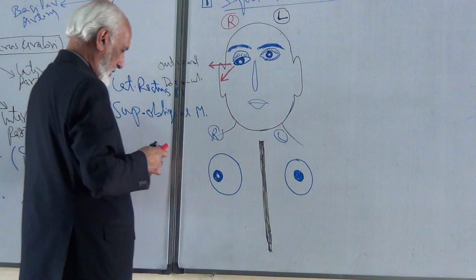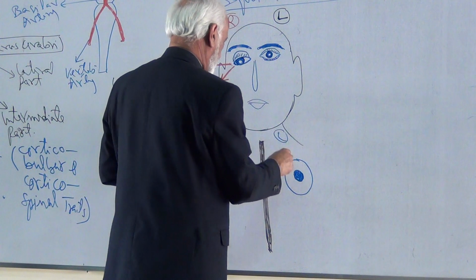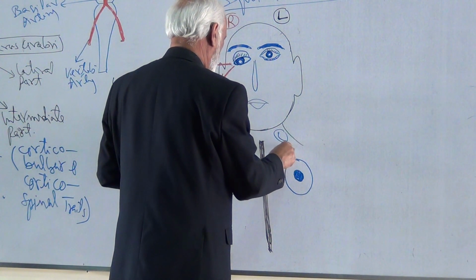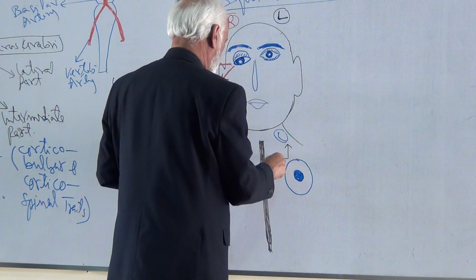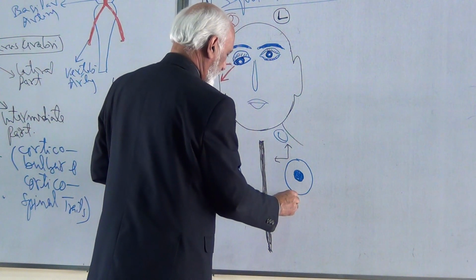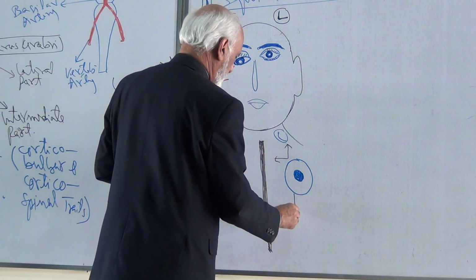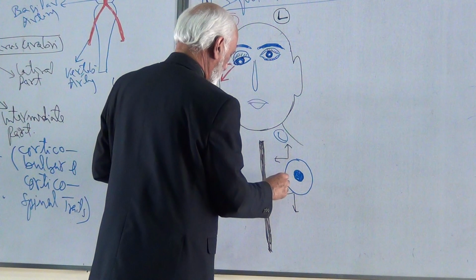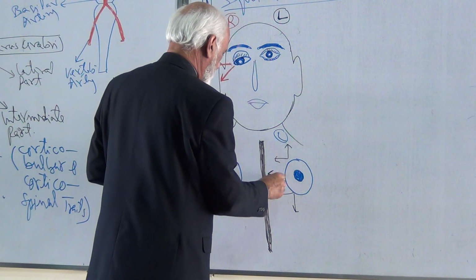The superior rectus moves the eyeball upwards and inwards. The inferior rectus moves the eyeball downwards and inwards. The medial rectus moves the eyeball medially.